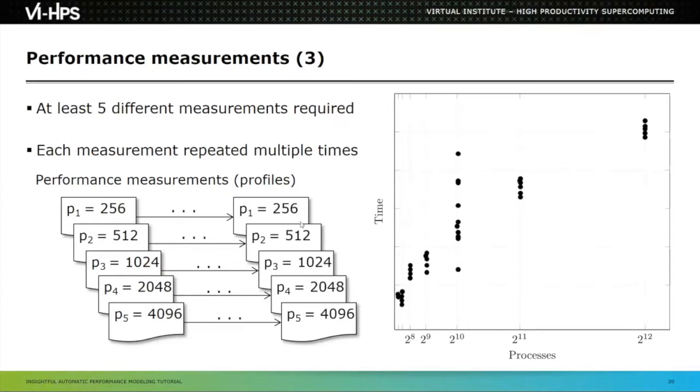As I also said before, we would like to have several repetitions of these different configurations, because if we take a look at the actual measurements in our chart here, we see there is some variance in the measurements. So there are some differences. For example, especially for this one here, where we have 2 to the power 10 processes, something happened and we have a huge spread here.